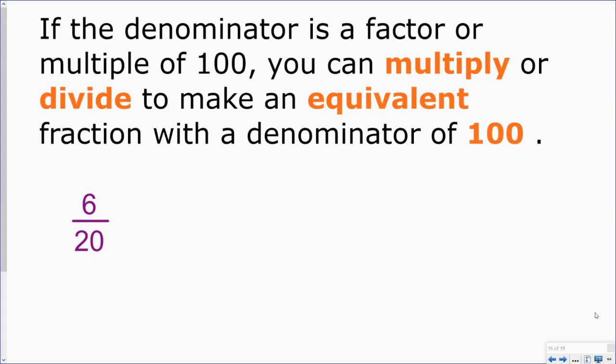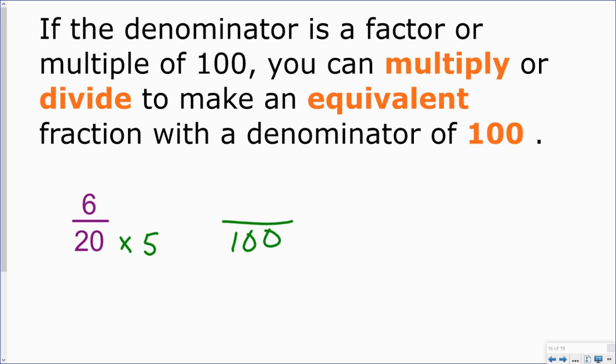So here I have 6/20, and I know that 20 is a factor of 100 because I can take 20 and multiply it by 5 to get a denominator of 100.